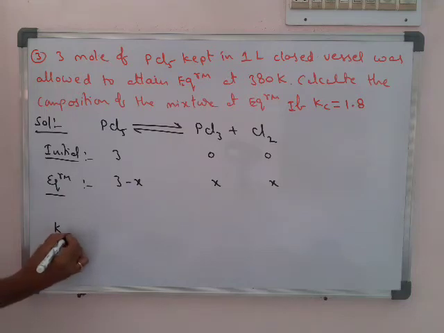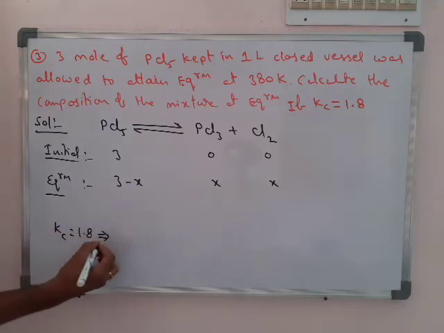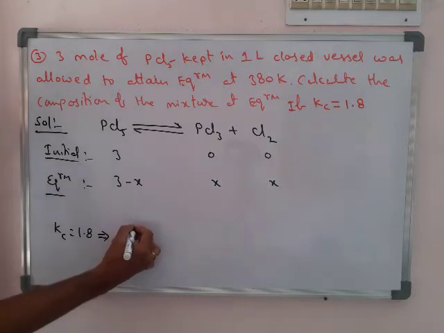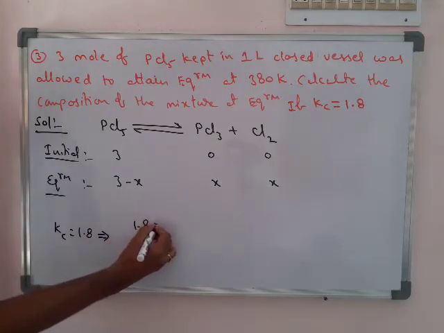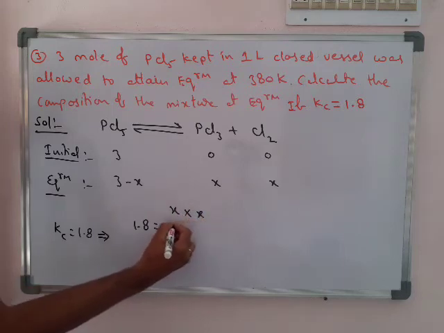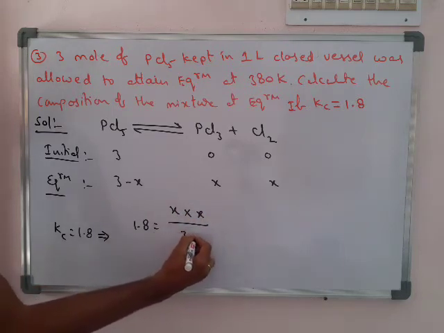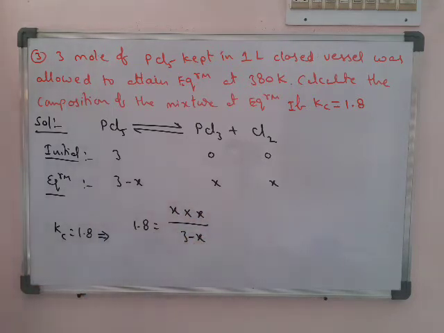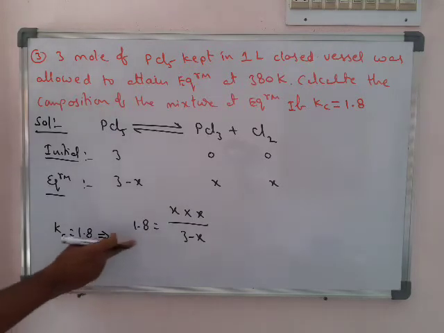So what is the Kc for it? Given that Kc is 1.8, we can write 1.8 equals the concentration of PCl3 times the concentration of Cl2 divided by the concentration of PCl5. I am writing directly. So as it is given, 1.8.